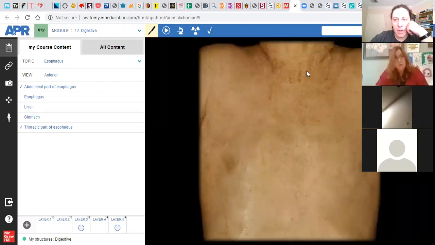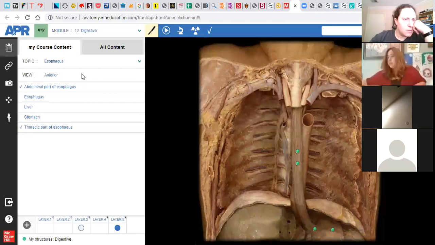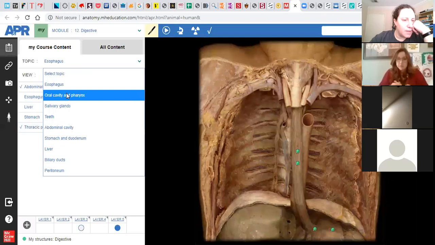Obviously it can be tricky when certain structures are not well identified.